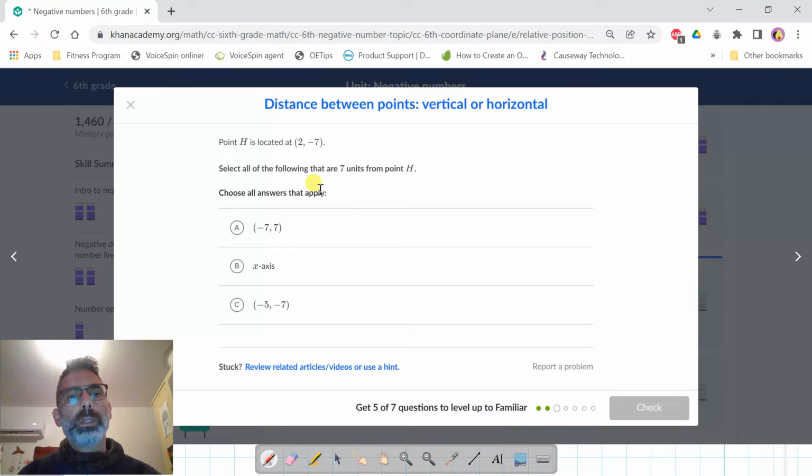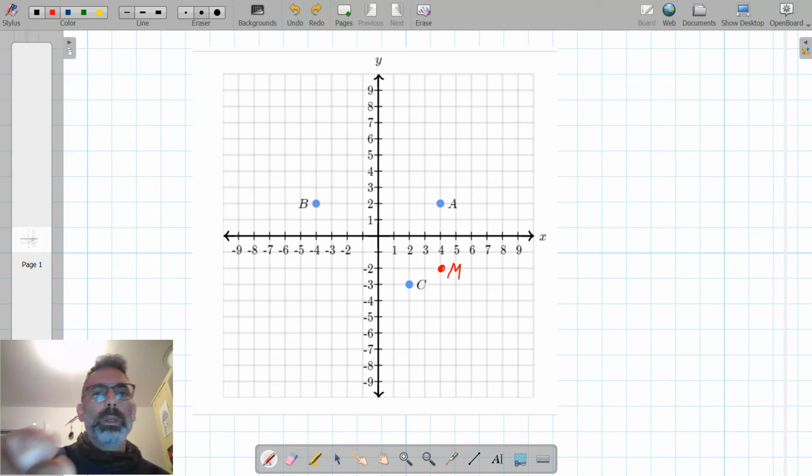Point H is located at (2, negative 7). Okay.